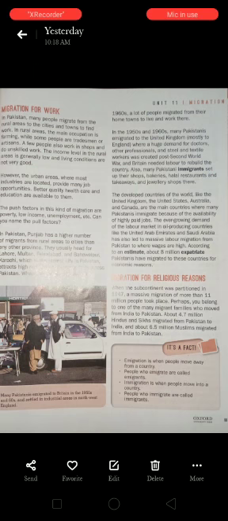When the subcontinent was partitioned in 1947, a massive migration of more than 11 million people took place. About 4.7 million Hindus and Sikhs migrated from Pakistan to India, and about 6.5 million Muslims migrated from India to Pakistan.